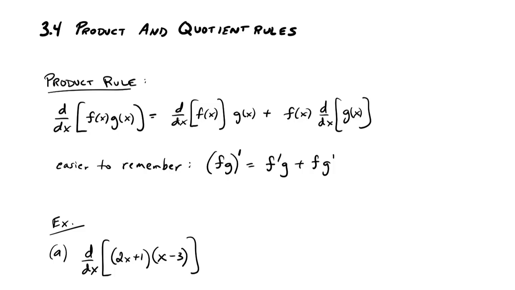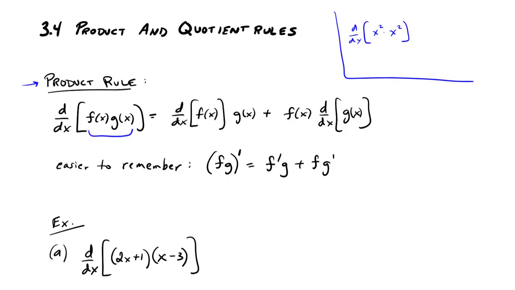Not the case here. In particular, if we look at the product rule, if we want to take the derivative of the product of two functions f and g, okay, we can't just take the derivatives individually and then multiply the results. It's just not going to work. If you don't believe me, think about taking the derivative of x squared times x squared.